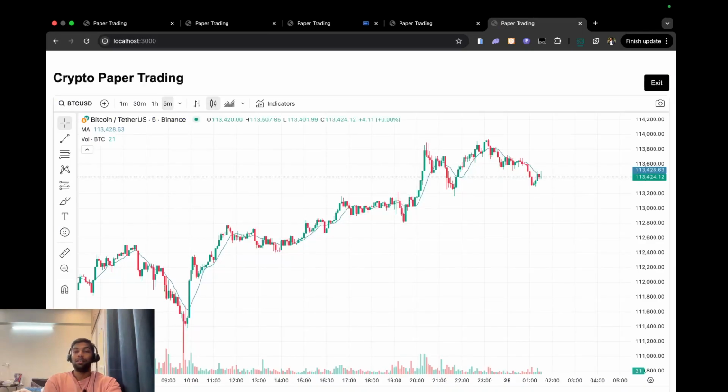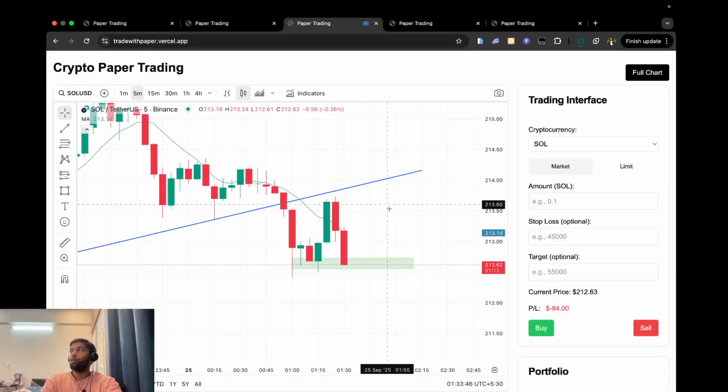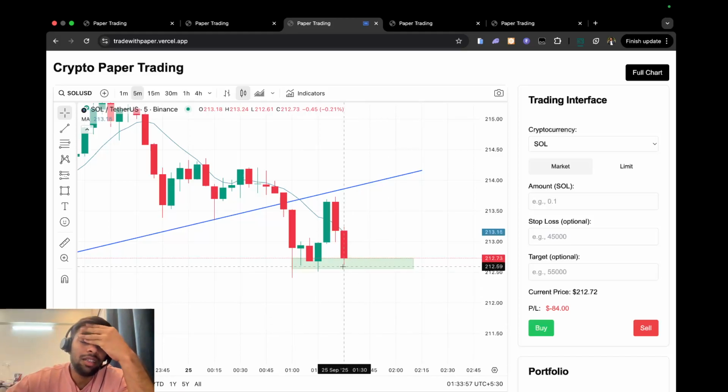So my opinion is that the market will continue in lower lows. The candle is extremely bearish and it is trying to close on the downside.